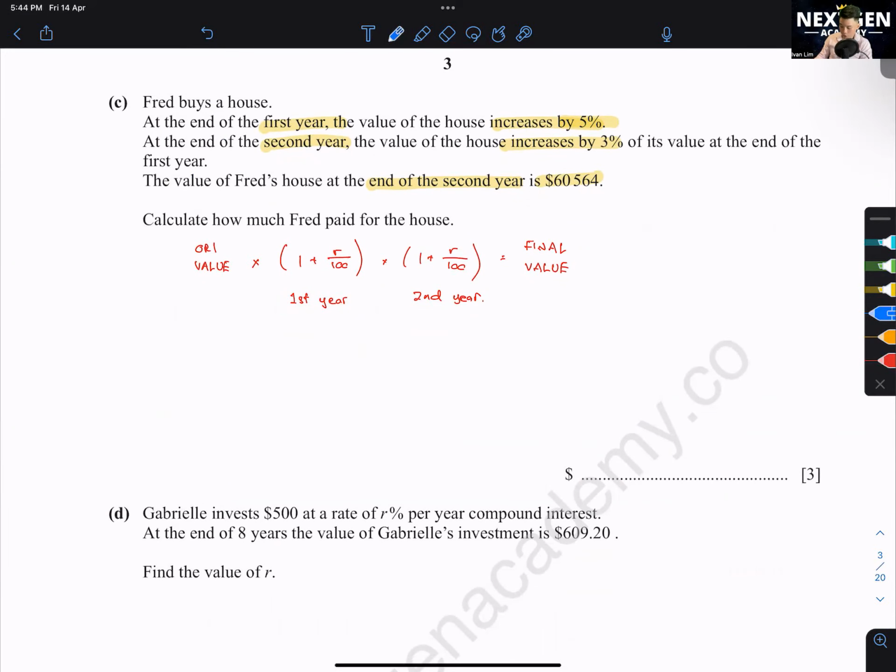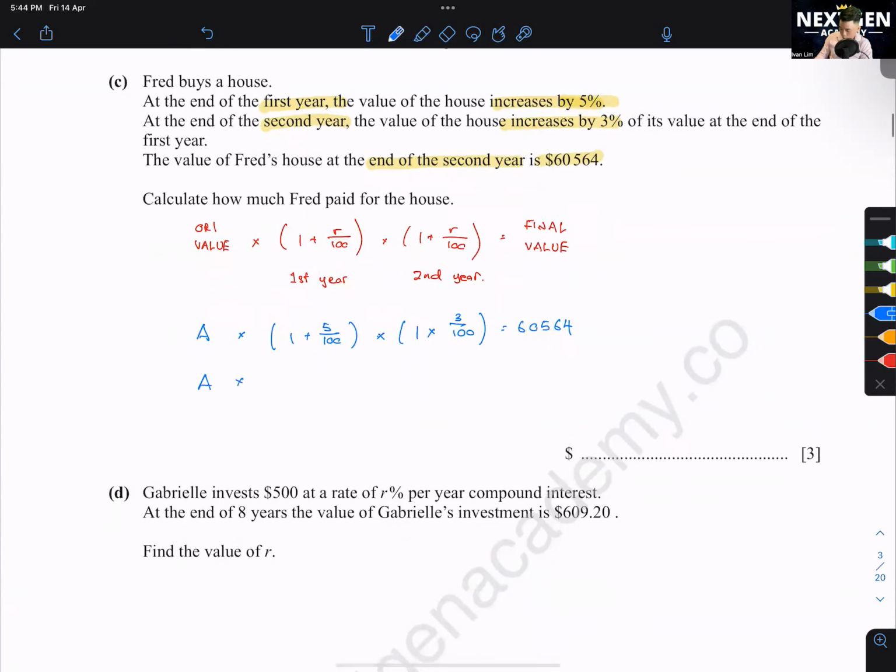Okay, so what I'll do here is, because we want to find what's the original value, right? You say how much Fred paid for the house. So we actually want to find this one. Okay, so I'm going to put this as A. A times 1 plus 5 over 100 times 1 plus 3 over 100 equals to the final value, 60564.